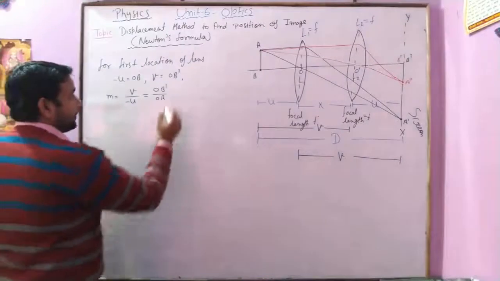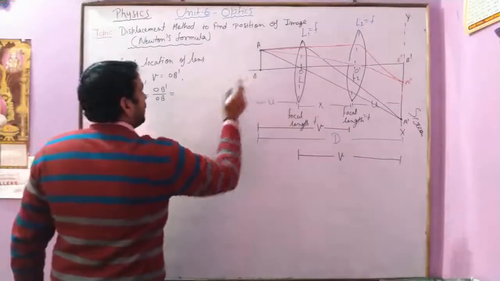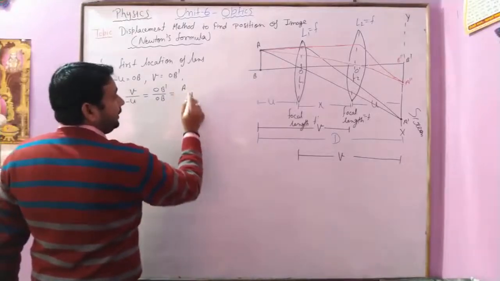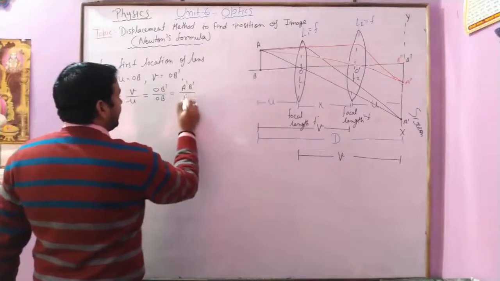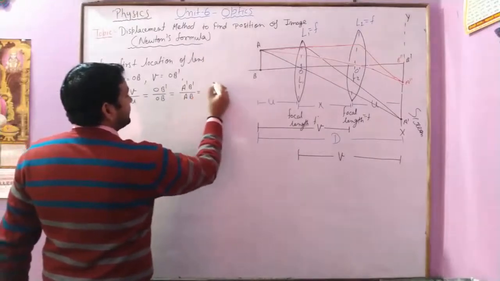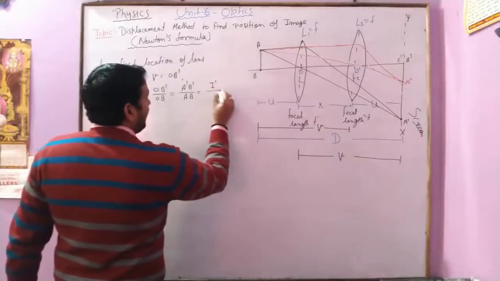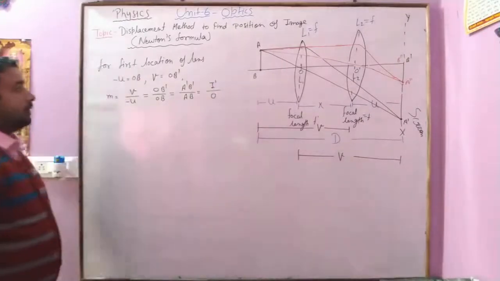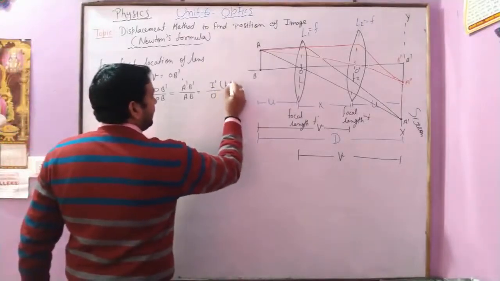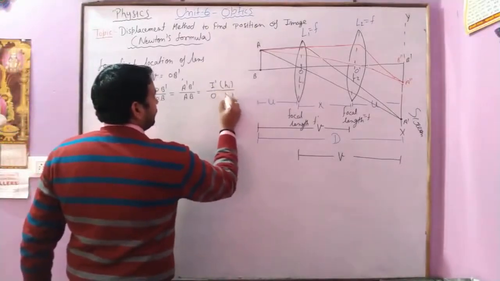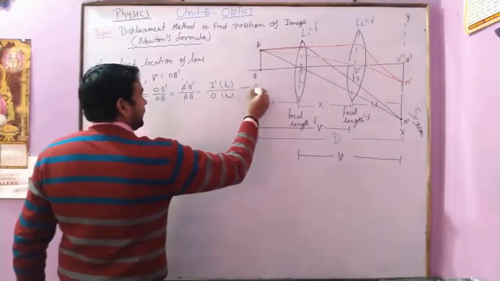We can also write it as the height of image A dash B dash to the height of object AB, that is HI upon HO. By using the magnification formula, this is our equation first.